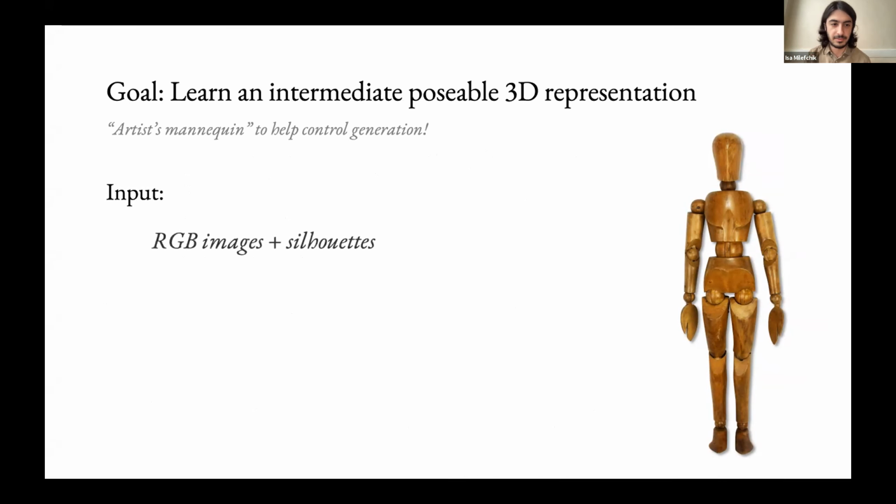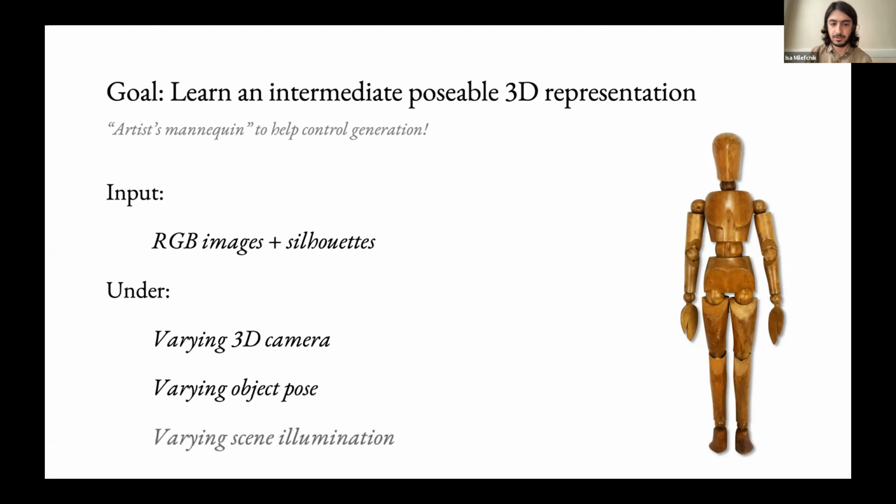As input to our method, we have RGB images of the object, as well as mask supervision of silhouettes. And what we're trying to recover is varying 3D camera pose, object pose, and scene illuminations.